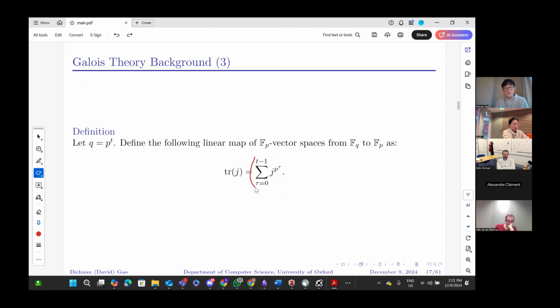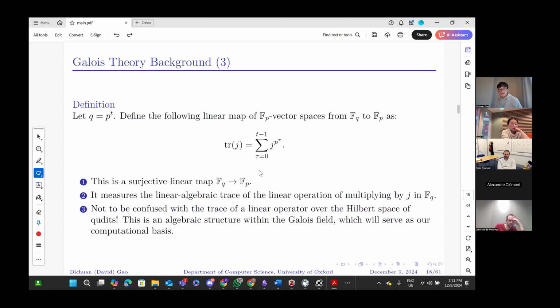Like imagine if you were to apply another Galois automorphism like this. Okay, so then this distributes in, and then you see that you've just permuted the terms in your sum. And so this map actually gives you something that's stabilized by the Galois group, and therefore it gives you something in the prime field. And this map has many nice properties. One is that it is surjective for finite fields.